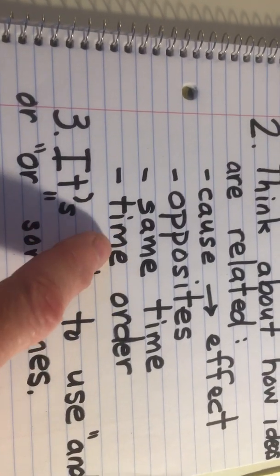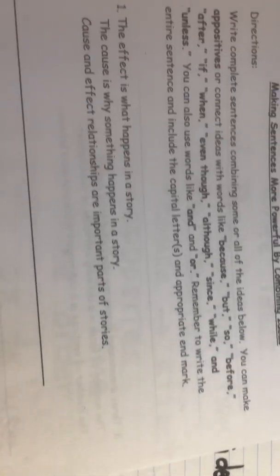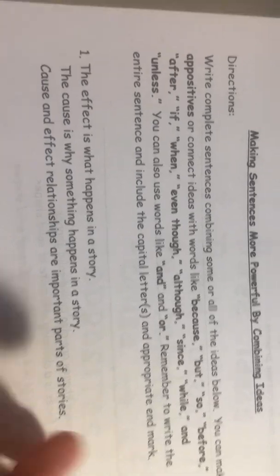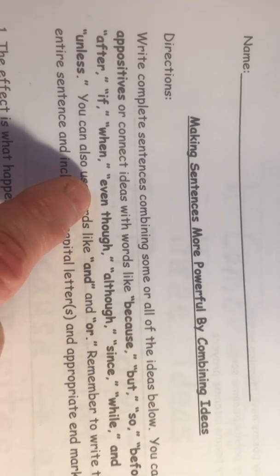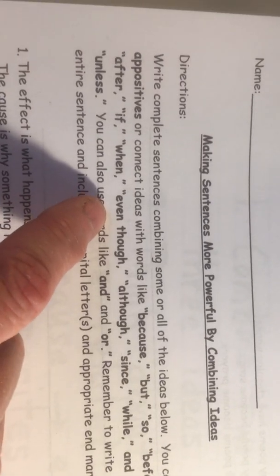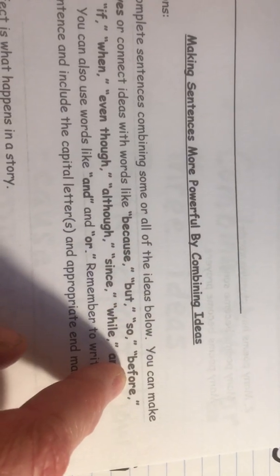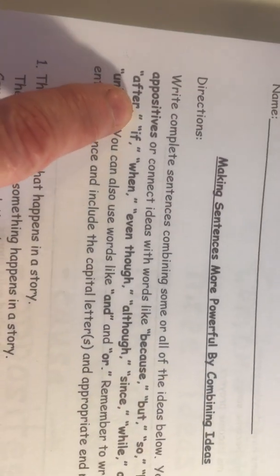And then sometimes things are in time order, where one thing happens and then another thing. So if it's time order, first, second, third, something happens first and then it happens second, well, you might use before in your power sentence, or you might use after.